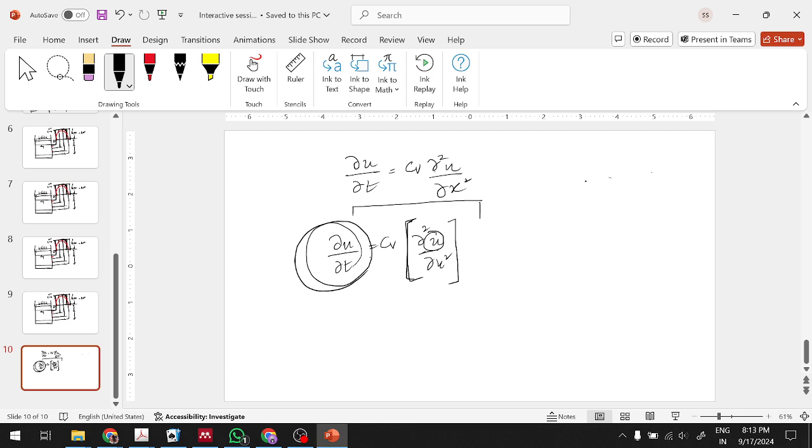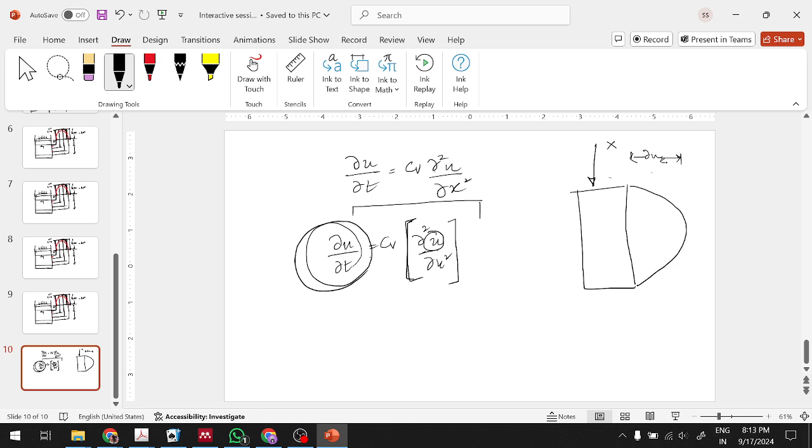Now you have this direction x, and you have, as we drew, the pore water pressure distribution like this.